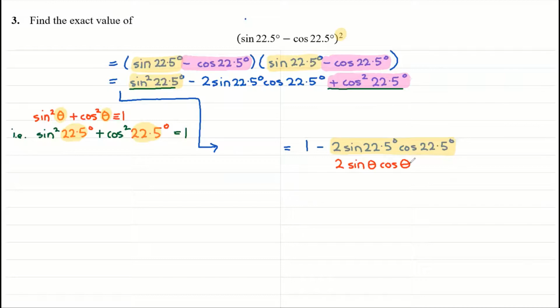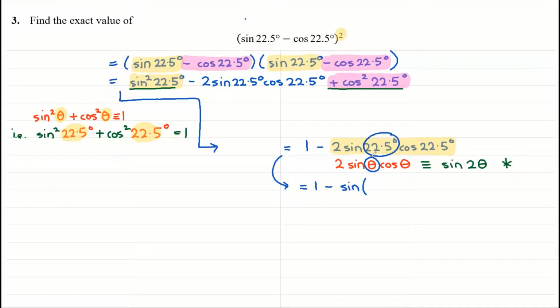Now, we know that has an equivalent. This is identical to the sine of 2 theta. That is our double angle identity that we met in this lesson. So I can now jump to the next step and say this is going to be equal to 1 subtract the sine of 2 theta, and my theta is, of course, 22.5, because they have to correspond.